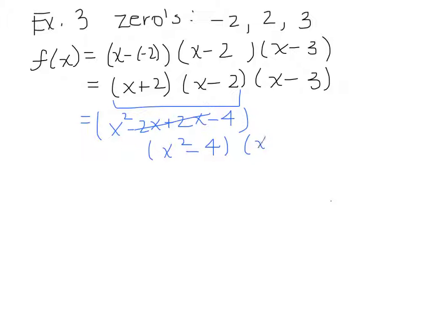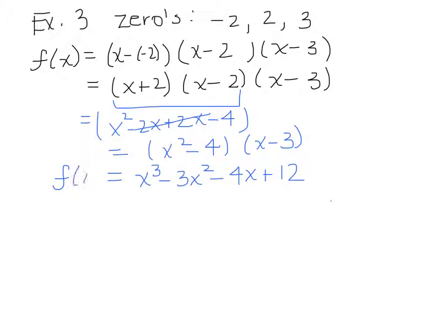Now I'll take my third one and I'll FOIL those two. I'm going to get x cubed minus 3x squared minus 4x plus 12. So make sure everything is in standard form. Everything is in order. And then you are done.